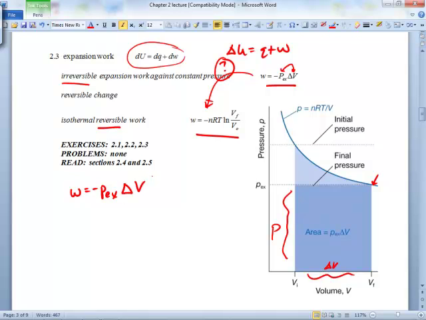We want it... I mean, the idea is the same. You're changing volume, multiply it by force times distance, and you get the work. So the idea is the same, except now we have to do it in infinitesimally small steps. So mathematically, we better replace that big macroscopic delta with what symbol?